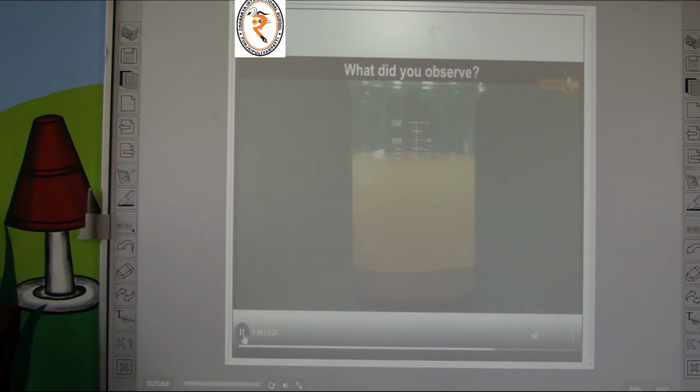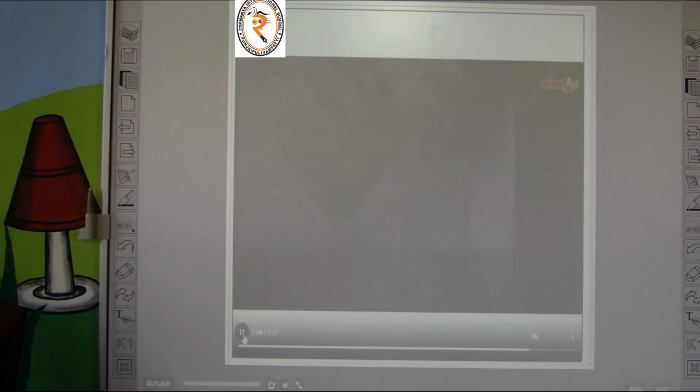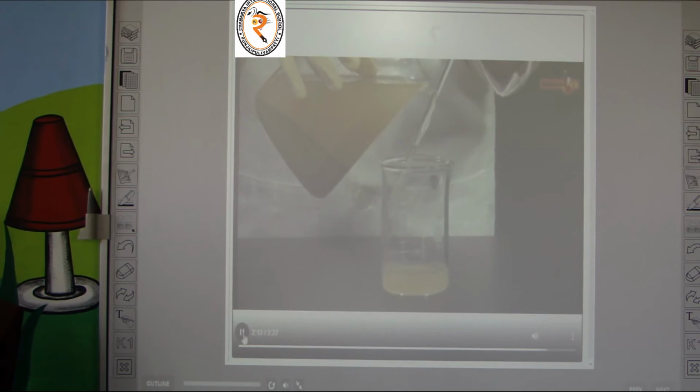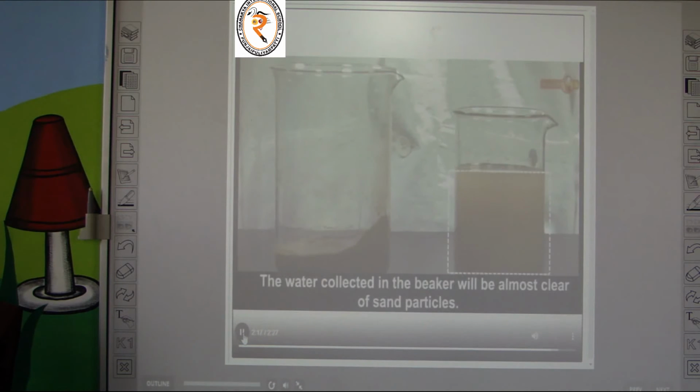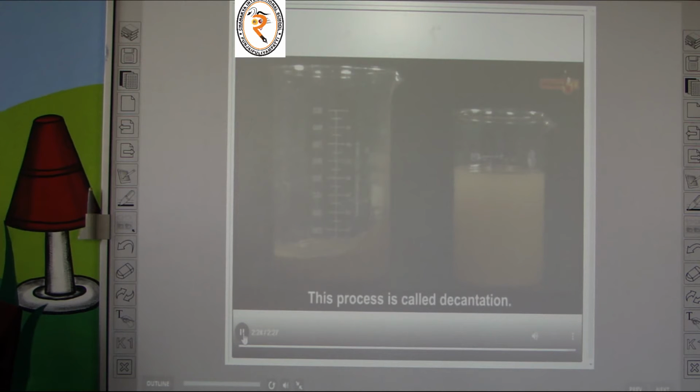What did you observe? After some time, you will observe that the heavy sand particles settle down at the bottom of the beaker, which are called sediments, and the process is called sedimentation. Now, with the help of a glass rod, carefully pour the water on top into another beaker. This process is called decantation.